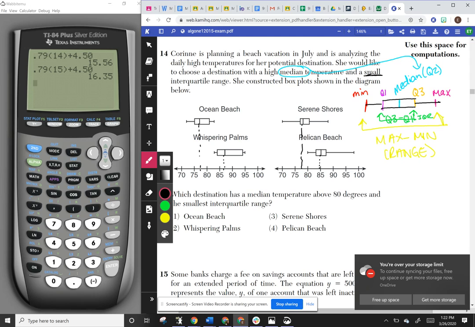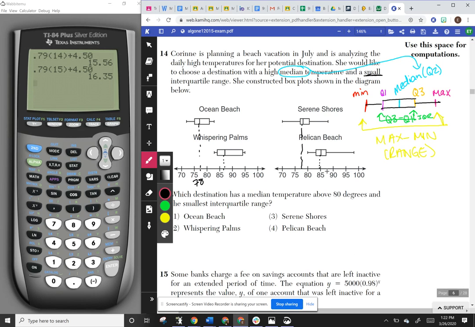We might have to approximate it, but that's okay. So we got approximately 78, approximately 86, approximately 78, and approximately 85.